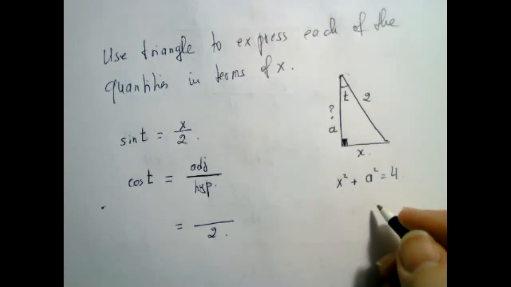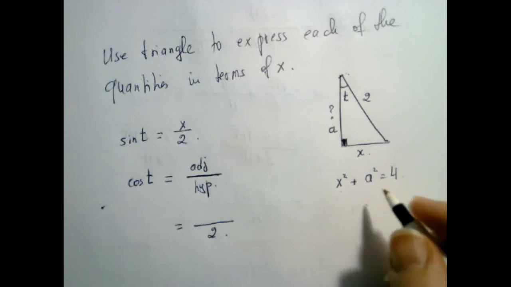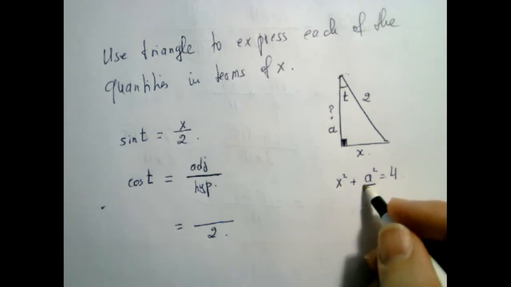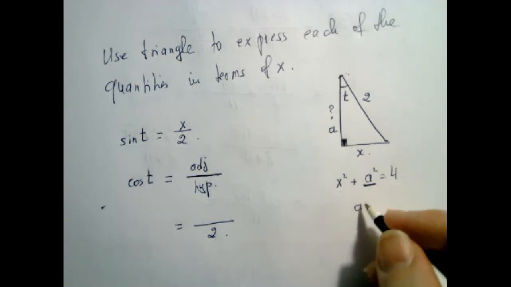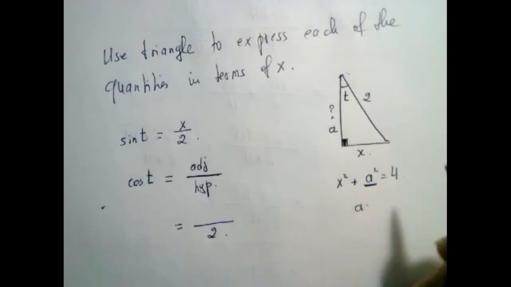Yes, you're absolutely correct. Keep going. I could say that a equals 2, but I don't think that's the case. You were on the right track. Why did you stop?